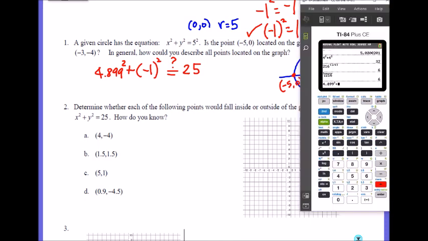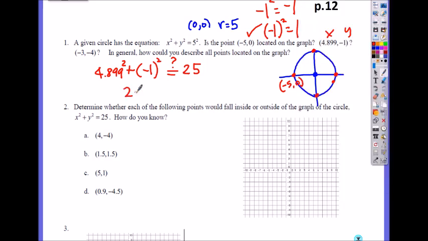Positive, so I just do 1 squared because I know negative 1 squared will be same as 1 squared. You can do that for Pythagorean theorem as well. So is that equal to 25? Let's just round it to the second, then you get 25.00, which is equal to 25. So yes, this one was also on the circle.